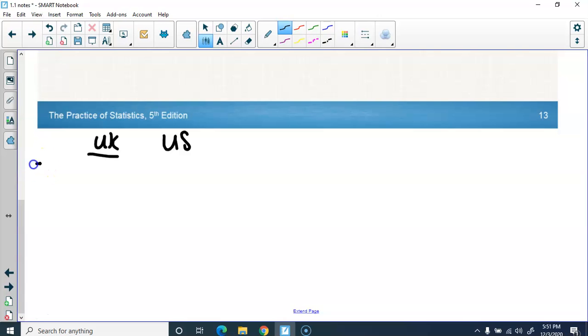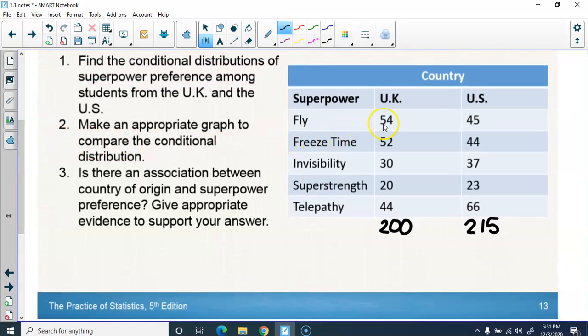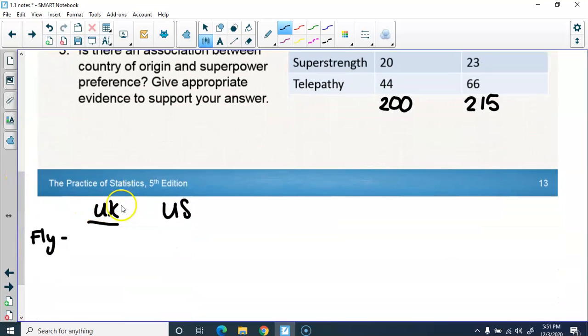First one is for flying. The UK, so 54 divided by 200, and to be consistent we're going to use percents, which is 27%.